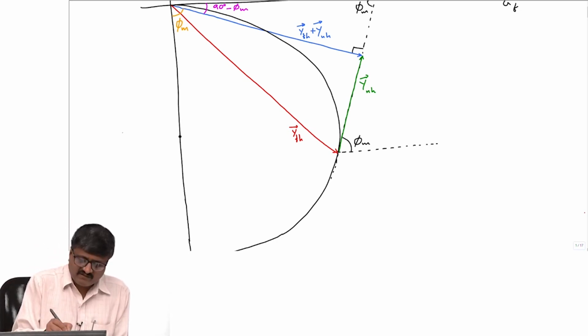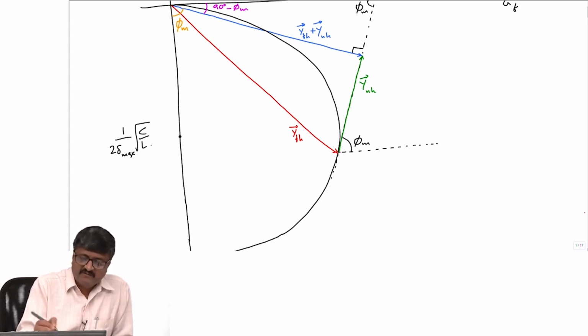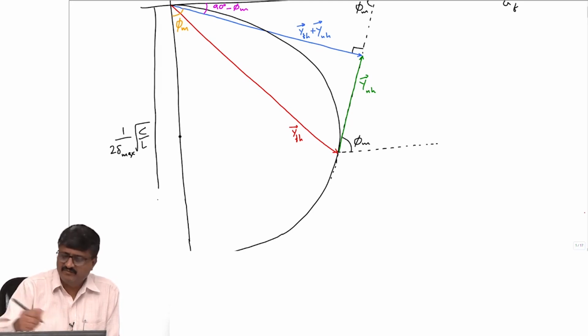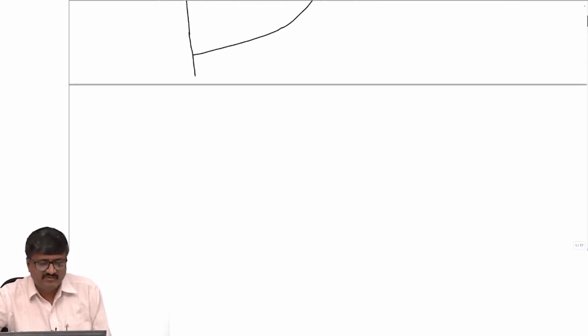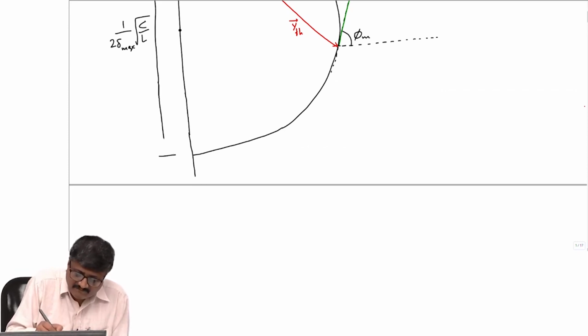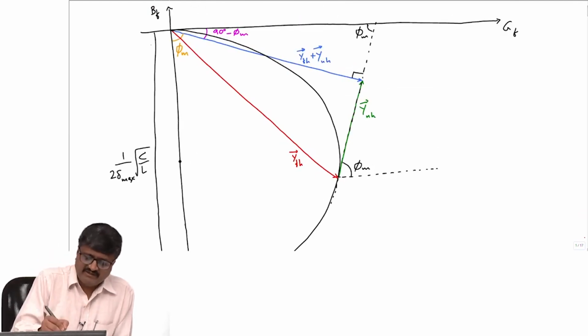The diameter of this circle is 1 by 2 delta max into square root of C by L. So that is the diameter. So if I take the distance from this point to this point, so this diameter is 1 by 2 delta max square root of C by L.